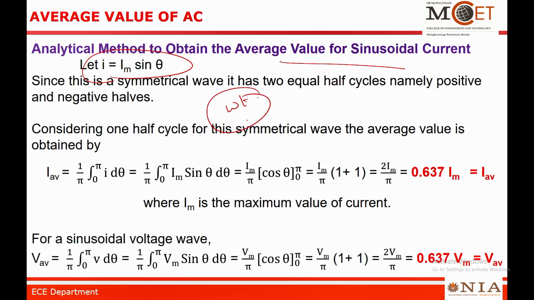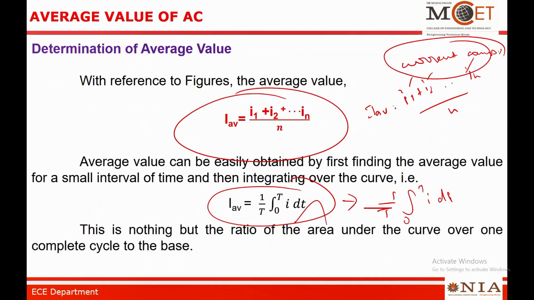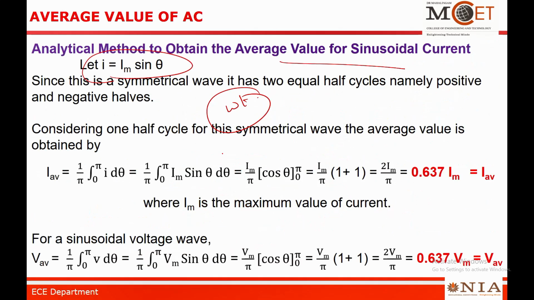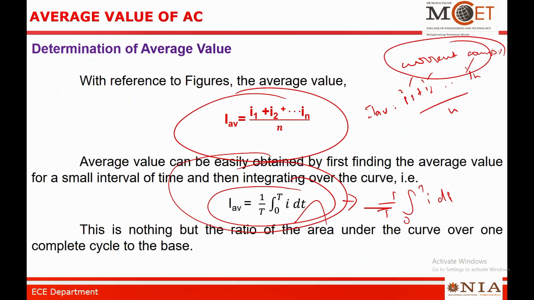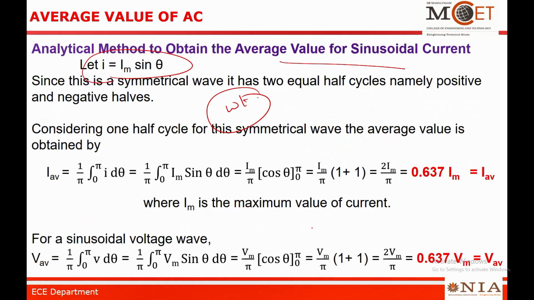With respect to this equation, the average value is taken over the time interval 0 to pi, which may also be considered as 0 to T: Iav = 1/pi ∫ from 0 to pi of Im sin theta d theta.